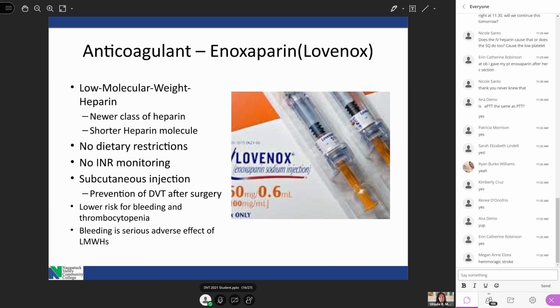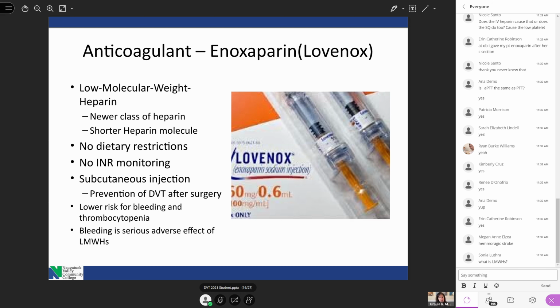So we always want to figure out where the patient is bleeding from. Are they bleeding from their stool? Do they have blood in their stool, blood in their urine? Then we always need to let the provider know. Are they bleeding in their mouth? But if they're bleeding in their brain, that is huge. And then we have to consider stopping it.